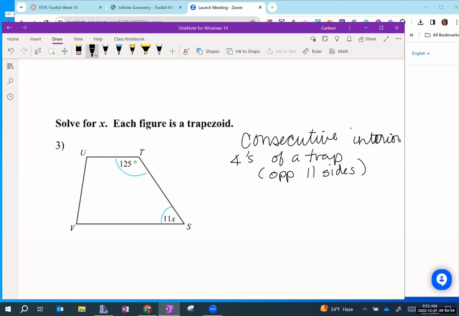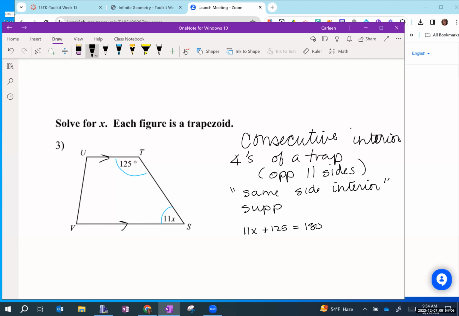Okay, we know that when we talked about these are parallel, right? It's a trapezoid. So we talked about same side interior angles are supplementary. So 11x plus 125 is equal to, and you're already telling me, 180.